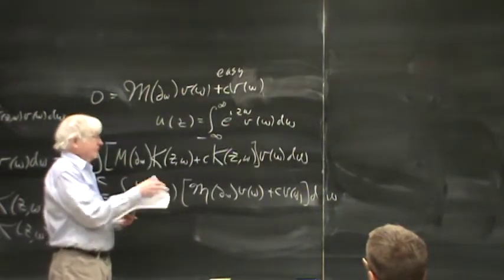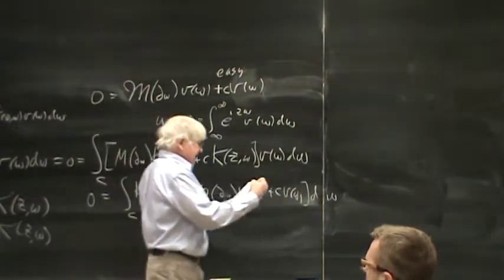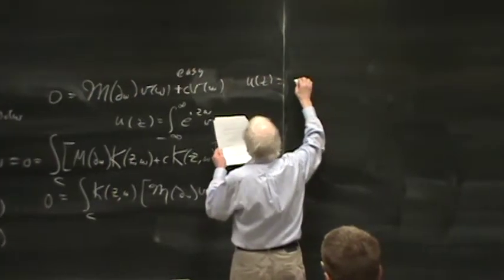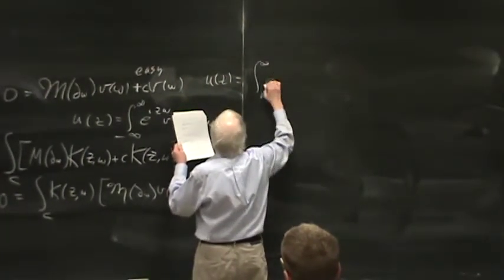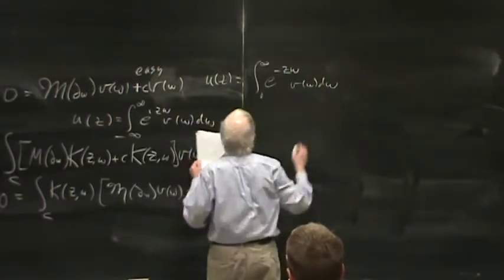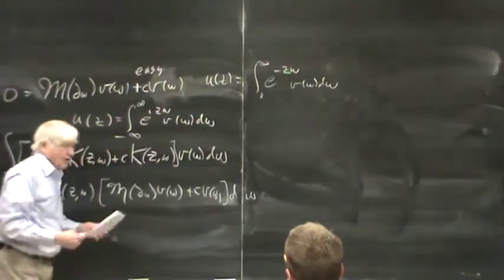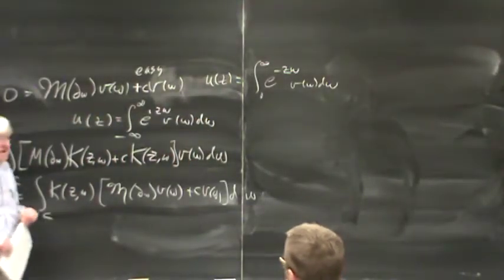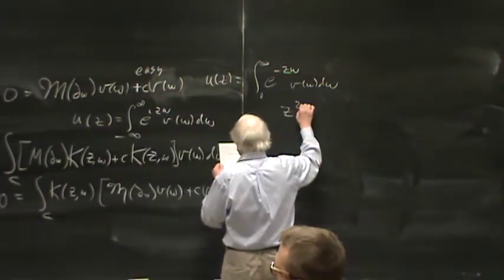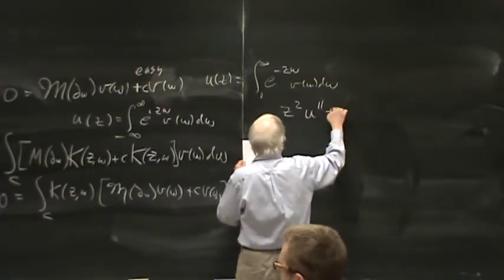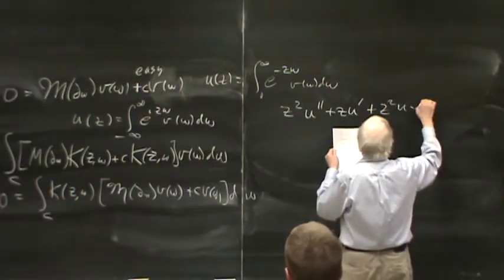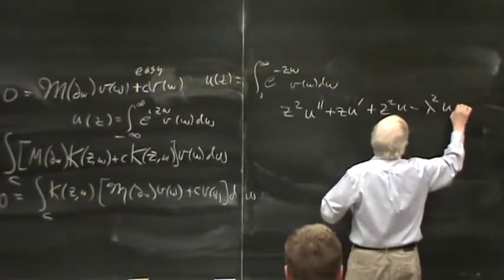If instead you say that u of z is an integral from 0 to infinity, e to the minus z w, v of w dw, well, this is a Laplace transform. All right, now let's get to the Bessel functions. For the Bessel functions, the differential equation is z squared u double prime plus z u prime plus z squared u minus lambda squared u equals 0.